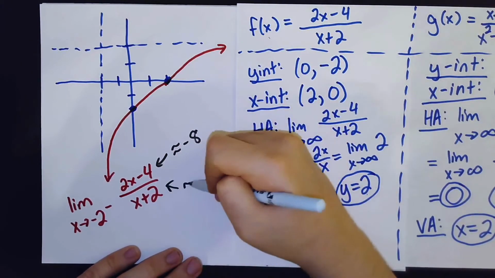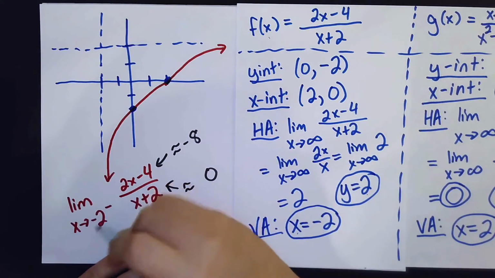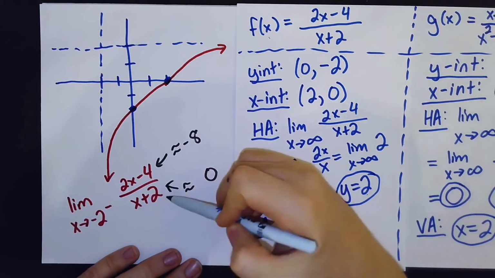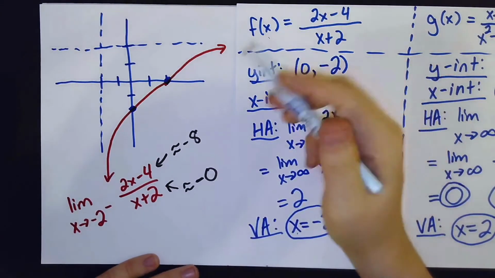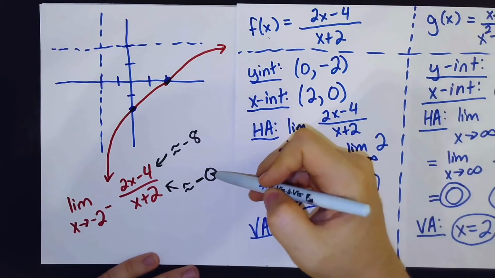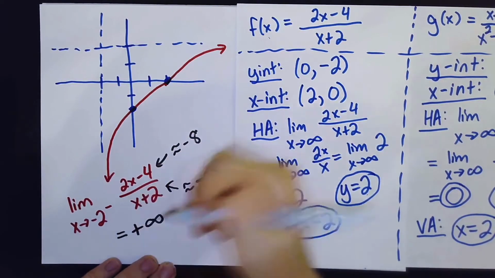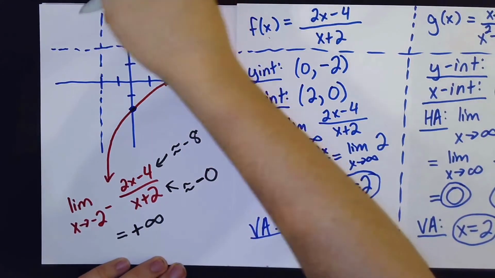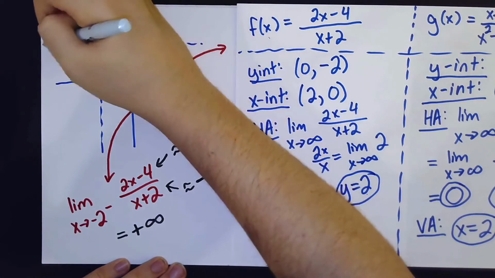At minus 2, this thing is near 0. But it's 0 from the left, so that means my number is a little less than negative 2. And so if I take a number that's a little less than negative 2 and add 2 to it, it's still negative. Okay, and so this is a negative 8 divided by a negative 0. And so that means this is a plus infinity, which means that this direction runs off this part of the page. So I've got something that looks like that.